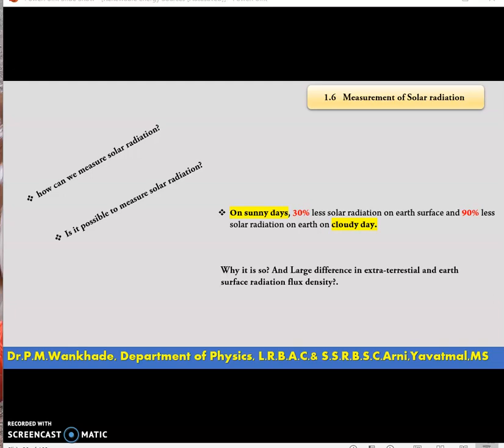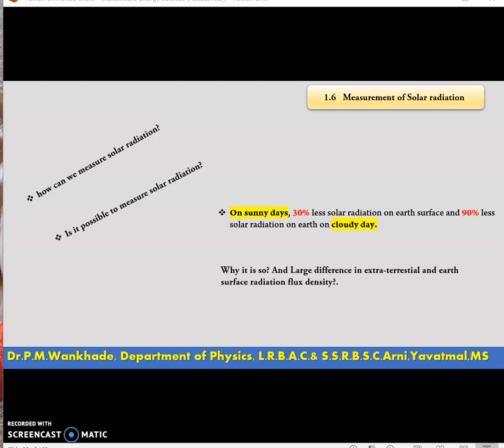While absorption occurs upon interaction of the radiation with certain molecules, such as ozone that absorbs short wave radiation, that is ultraviolet, water vapors, and carbon dioxide. Again, we know that carbon dioxide absorbs longer wave radiations.